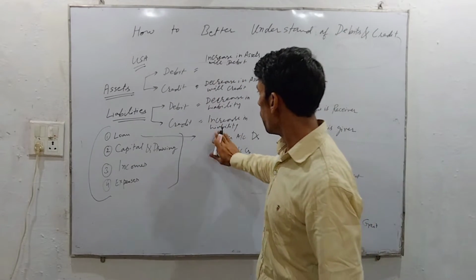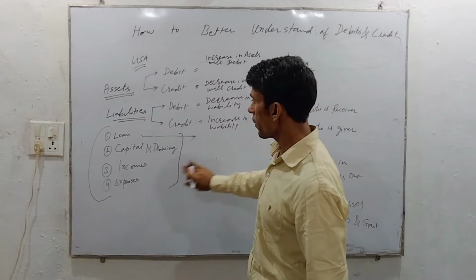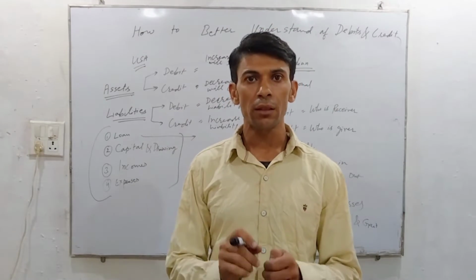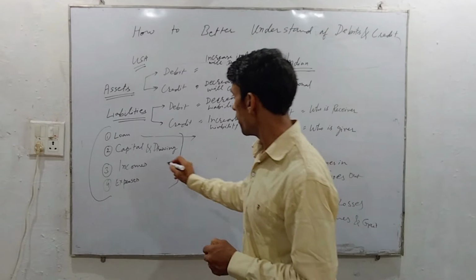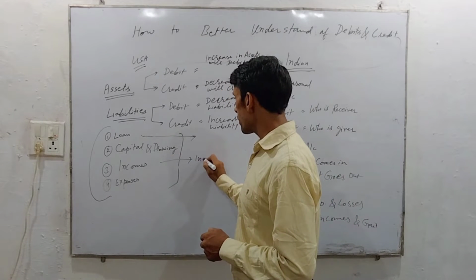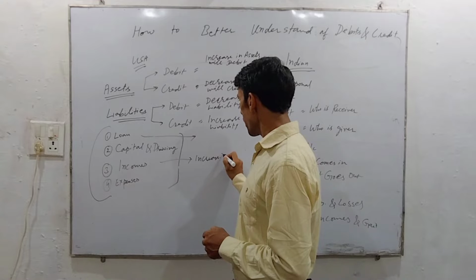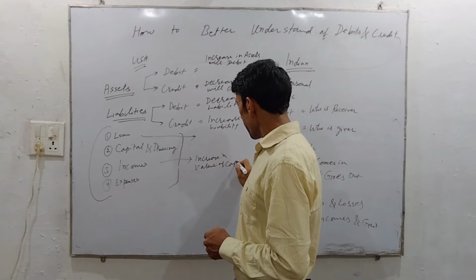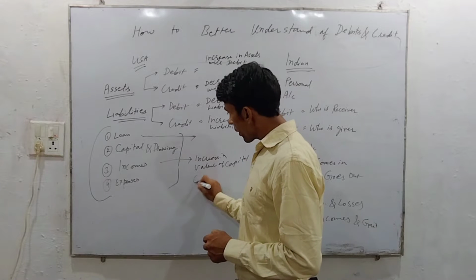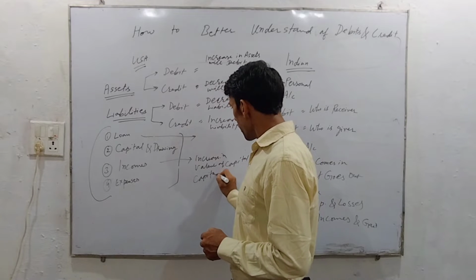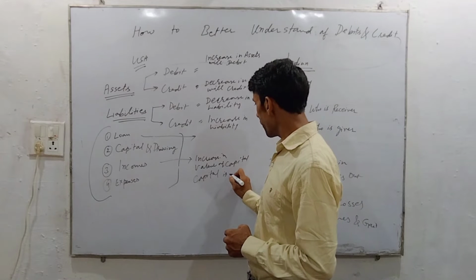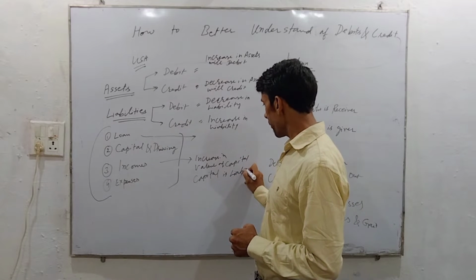And now next, income is an increase in the value of capital, and capital is a liability.